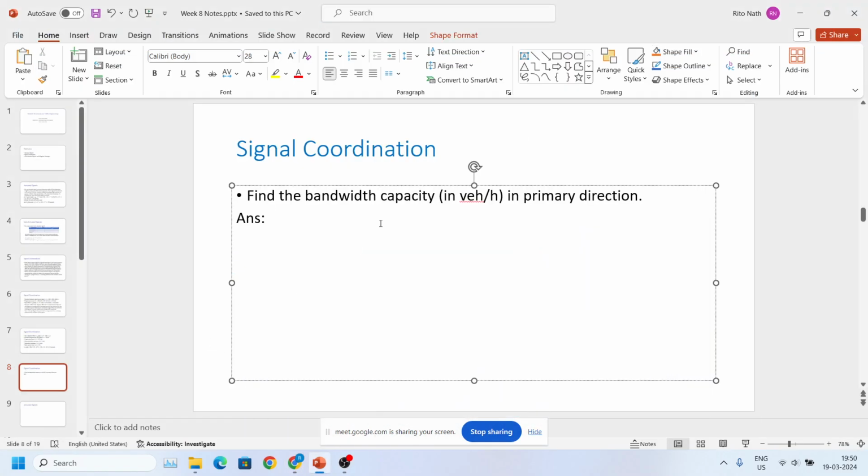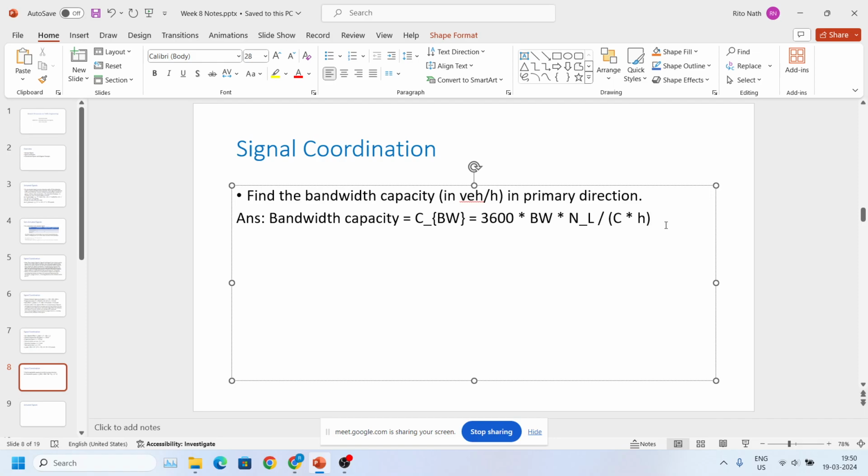But let me write it down. So you have this bandwidth capacity, which is C BW, and from the slides, the formula for this is 3600 times BW by C times N L, divided by H.